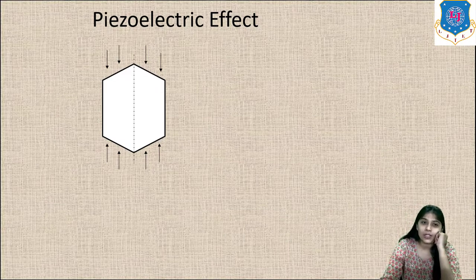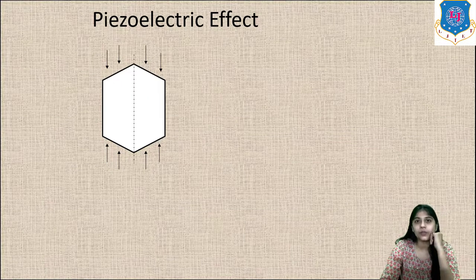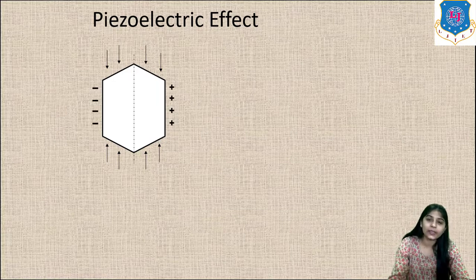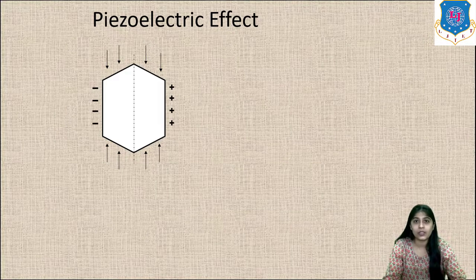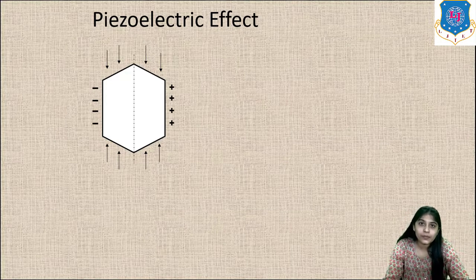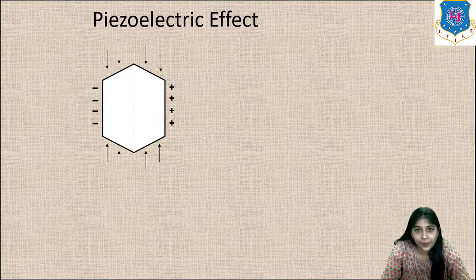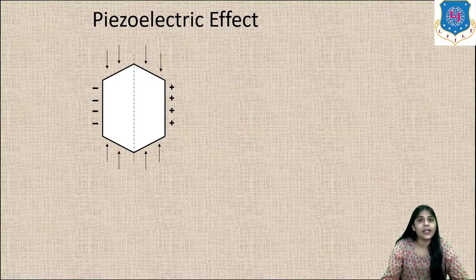So when pressure is applied to one of the faces of the hexagonal crystal, alternate equal and opposite charges are produced on the other faces of the crystal. As you can see in this diagram, a hexagonal crystal can be a quartz crystal, tourmaline, Rochelle salt or rock salt.